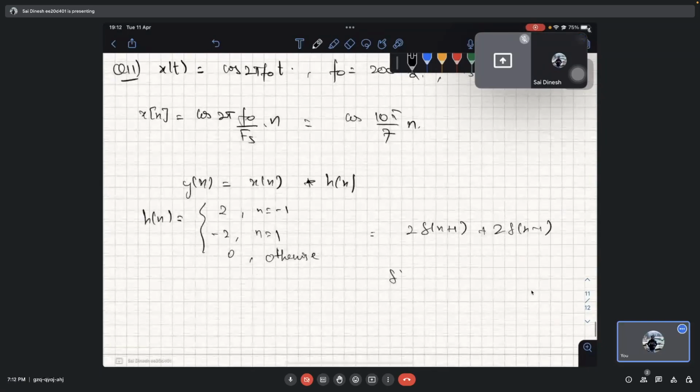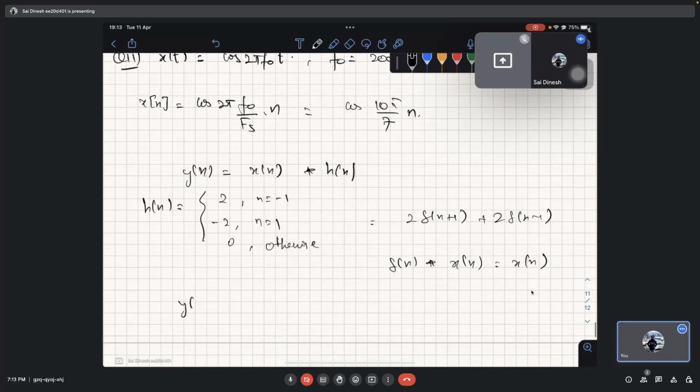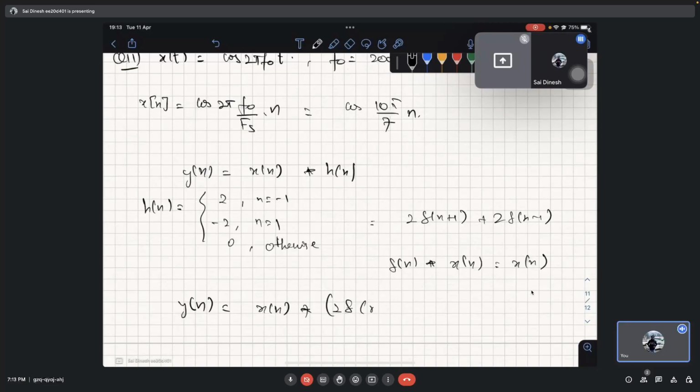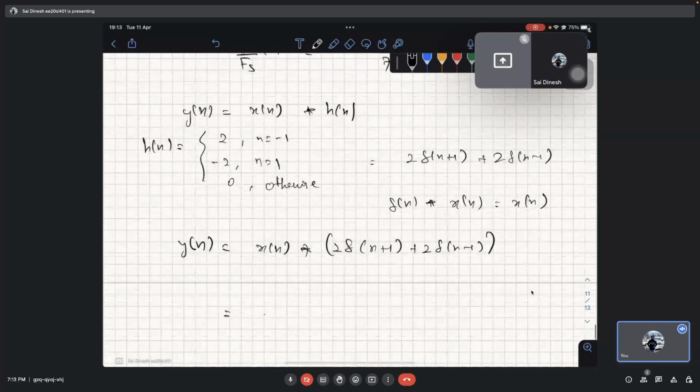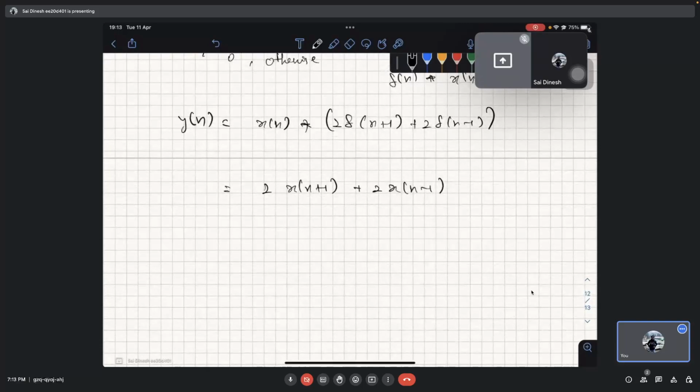Delta of n convolved with x of n gives x of n. Similarly, y of n is x of n convolved with 2 times delta of n plus 1 plus 2 times delta of n minus 1, which is 2 times x of n plus 1 plus 2 times x of n minus 1. Clear?